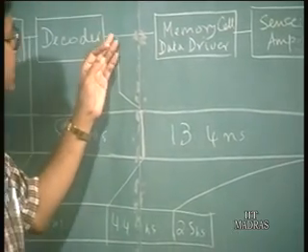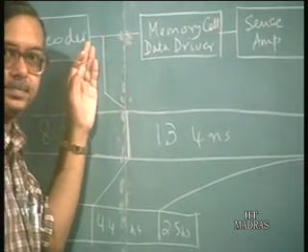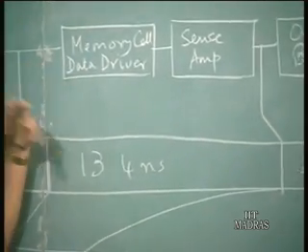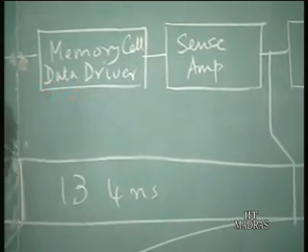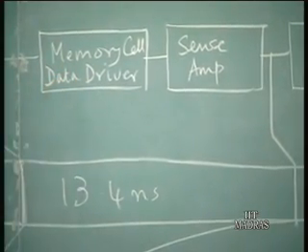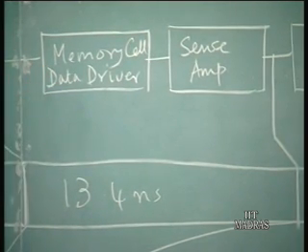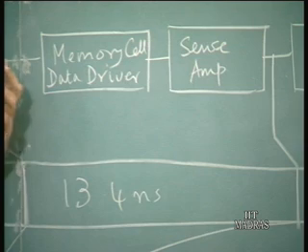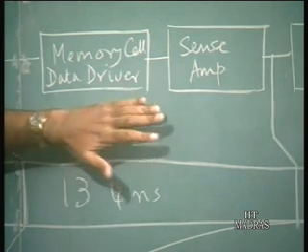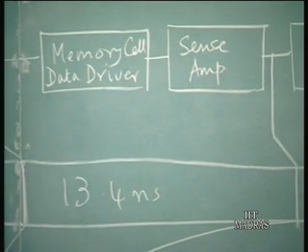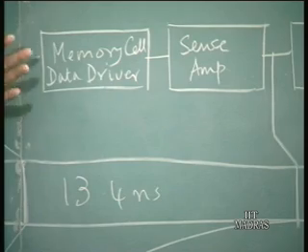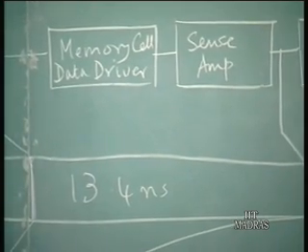Then the output of the decoder must be driven through the memory array, that is, you require a data driver. For example, the entire word line represents a large capacitance, so you require a driver to change the word line voltages.